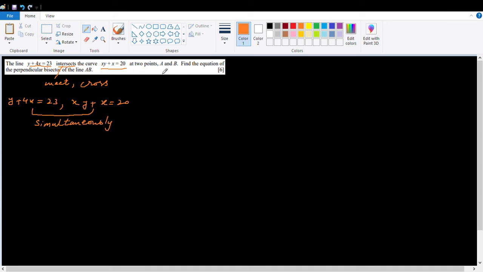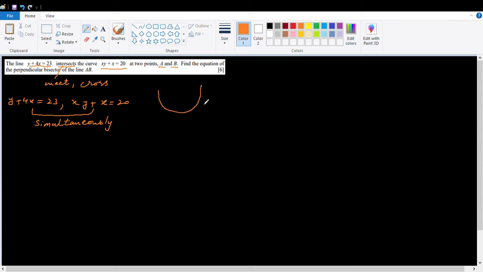At 2 points A and B, the line y plus 4x is equal to 23 intersects the curve at points A and B. Find the equation of the perpendicular bisector of line AB. For example, if this is a curve, I roughly explain you this curve.